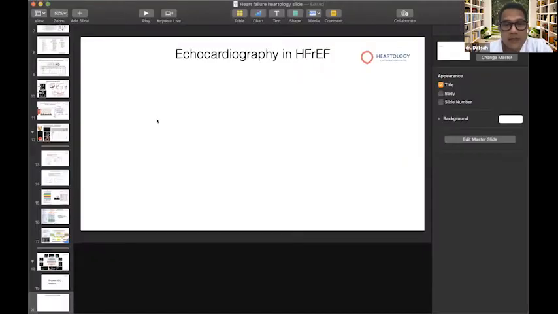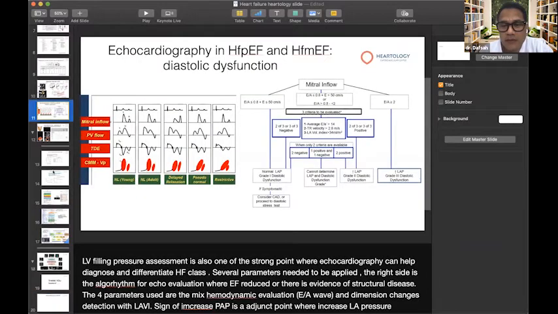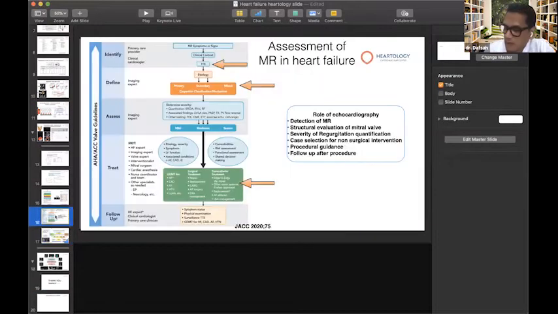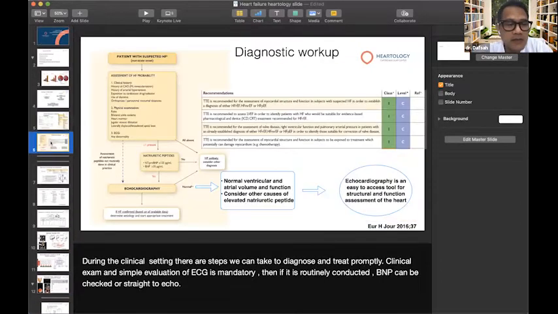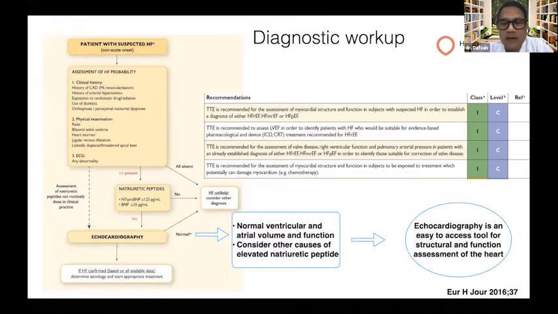And we know NT-proBNP, of course, has diagnostic and prognostic value. You also mentioned that echo here has diagnostic and also prognostic value. Can you enlighten us: what would be the advantage of echo examination over NT-proBNP regarding the diagnosis of heart failure and also the prognostic value? Okay, thank you.